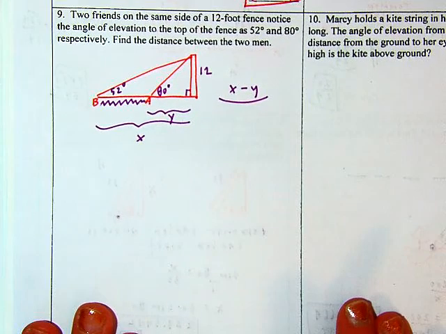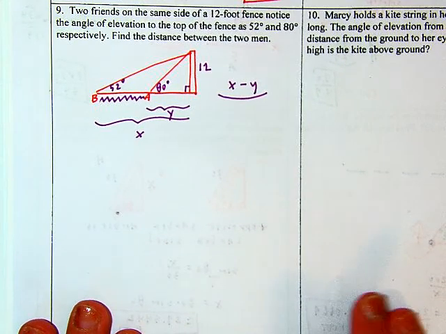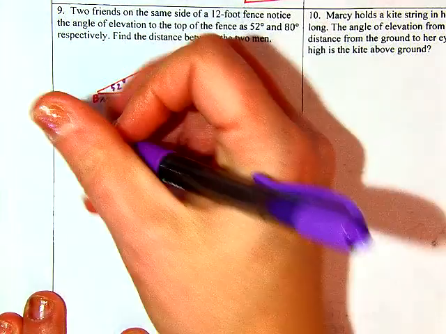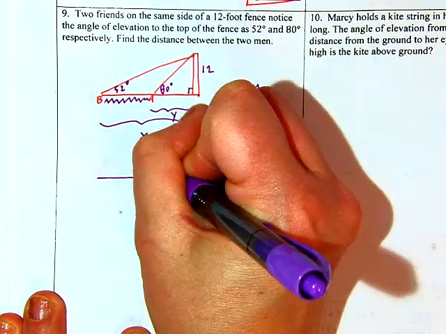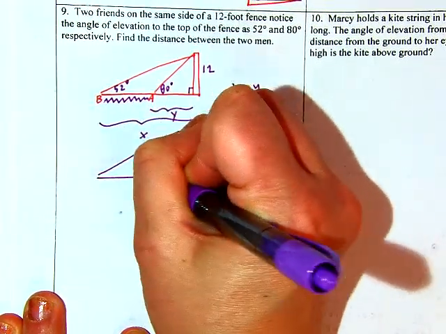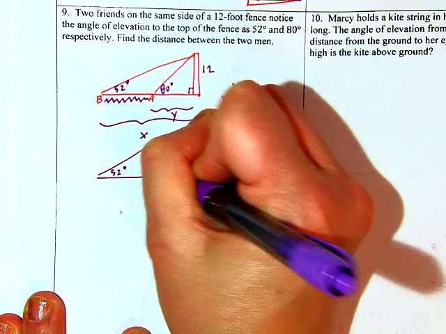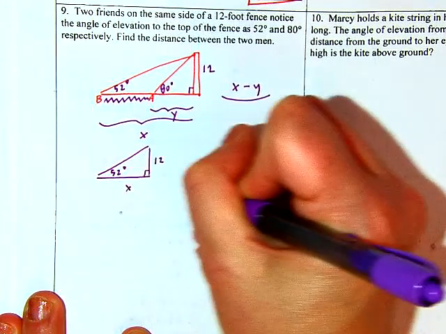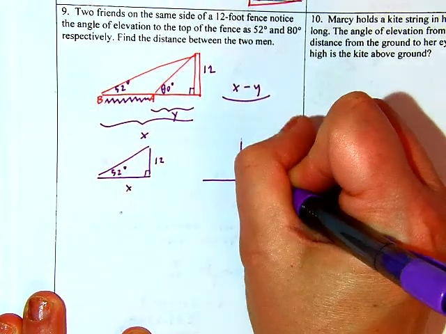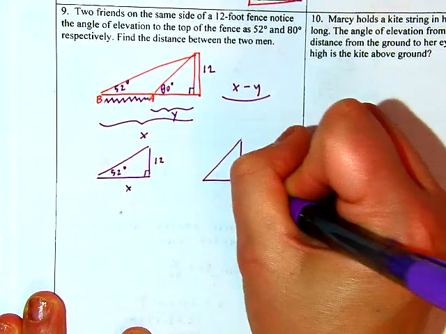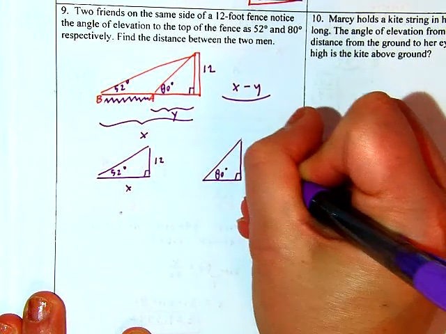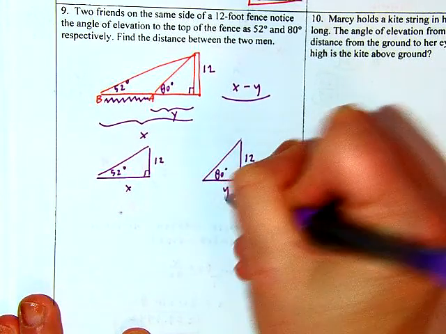All right, to help you see this more clearly, I'm going to visualize the two separate triangles. The bigger one right here, here's the 52, here's the 12, here's the x, and for this one right here, here's the 80, here's the 12, and here's the y.